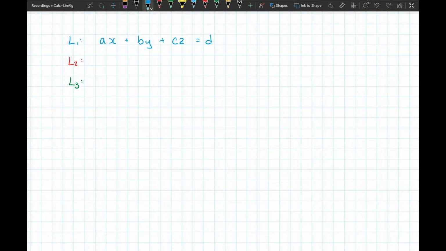So it might be better to take a, b, c, and d and reuse those letters, but we'll just give these ones little subscripts. A1, B1, C1, and D1 corresponding to line 1. And then we can come up with another line using A2, B2, C2, and D2. Using the same naming scheme, we can get a third line.